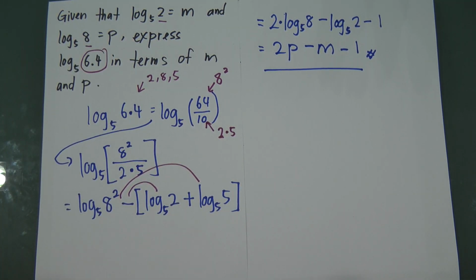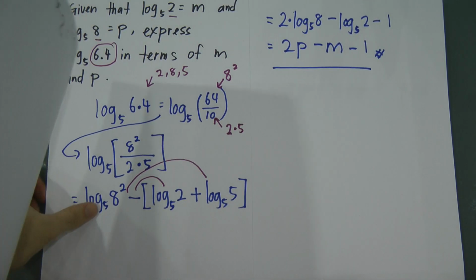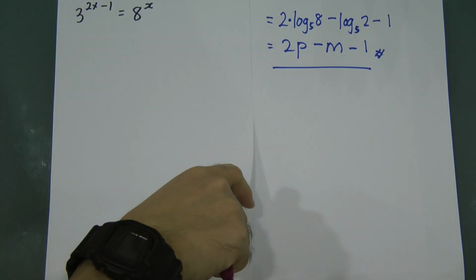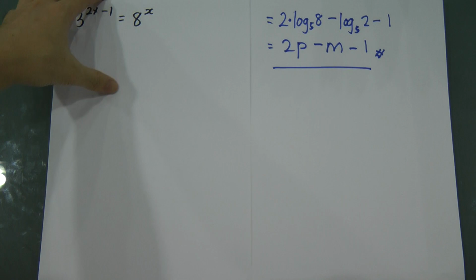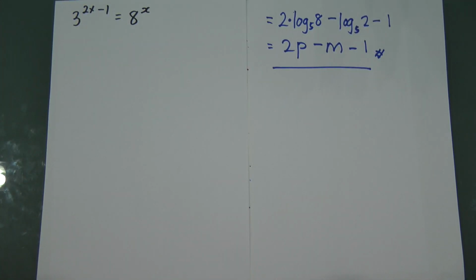Alright, before I end this video, I'm going to show you the last type of question. This one is very easy, but a lot of students, when they see a question like this, might think, should I use indices or use log to solve? Actually, in the last video, I did mention a little bit on this part. First, you want to decide whether to use indices or log.